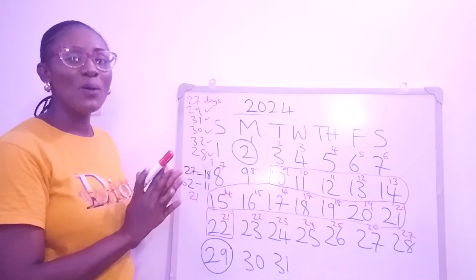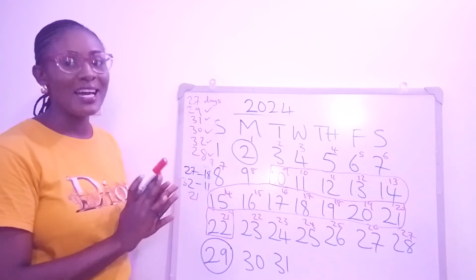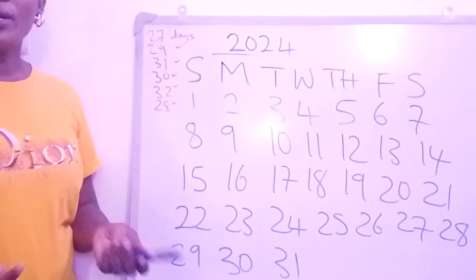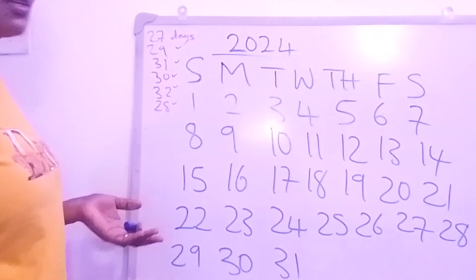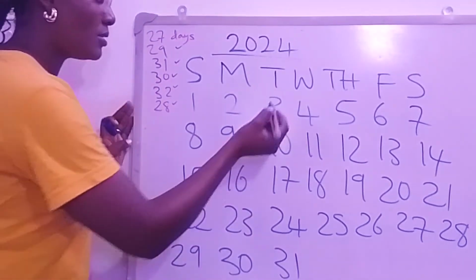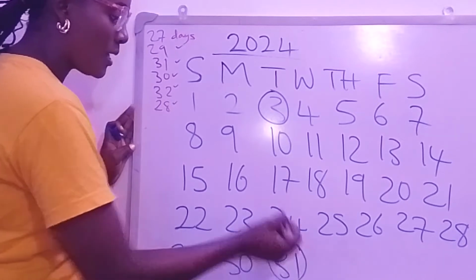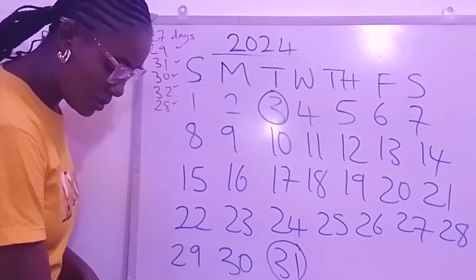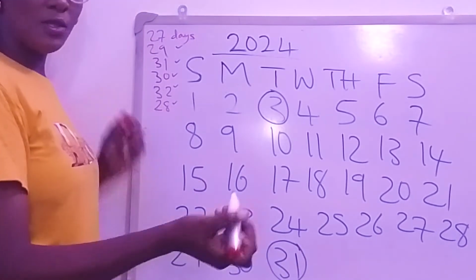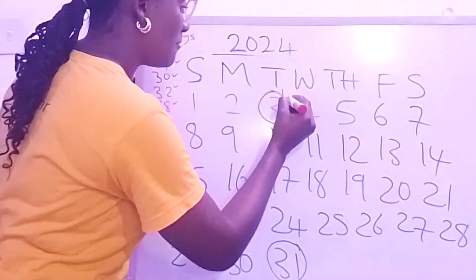So I'm going to do one more example so you understand very well. Let's say you saw your menses on the 3rd. This one came on the 31st. Let's calculate your menstrual cycle length. This is going to be day 1. Remember, the first day is day 1.